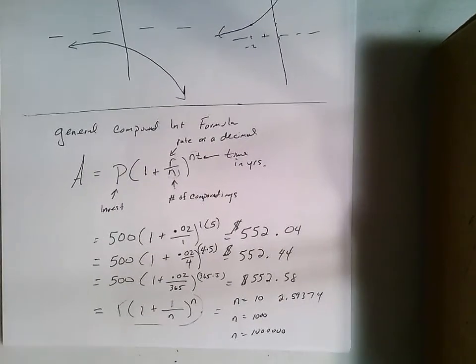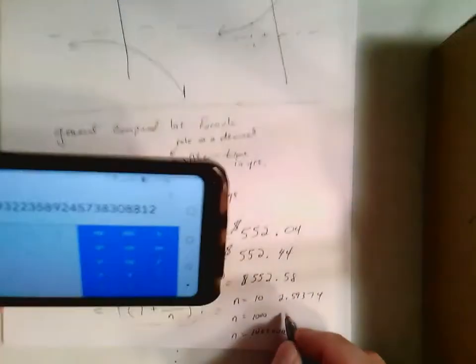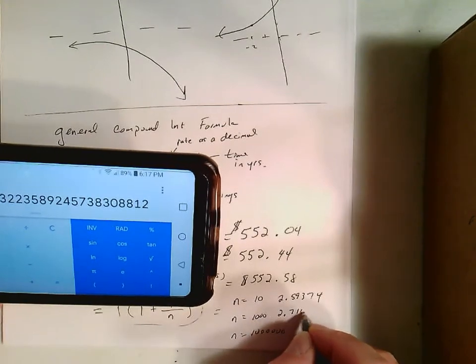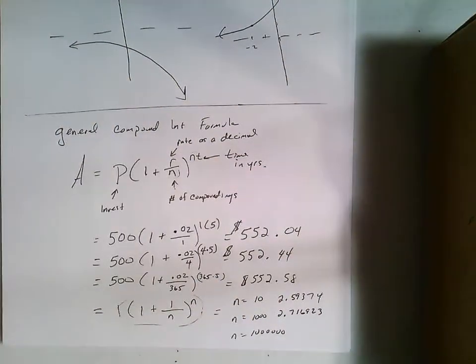Okay, now I'm going to let n be 1,000. So I've got 1 plus 1 over 1,000, to the 1,000 power. And we get 2.716923. So yes, it's getting bigger.